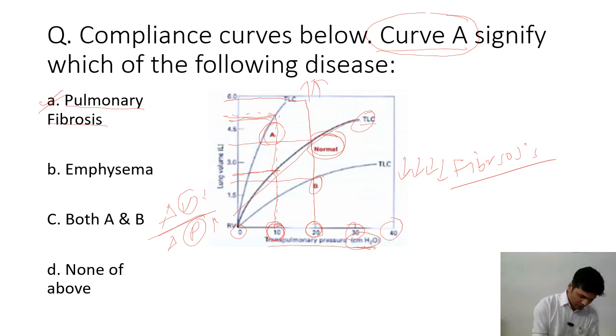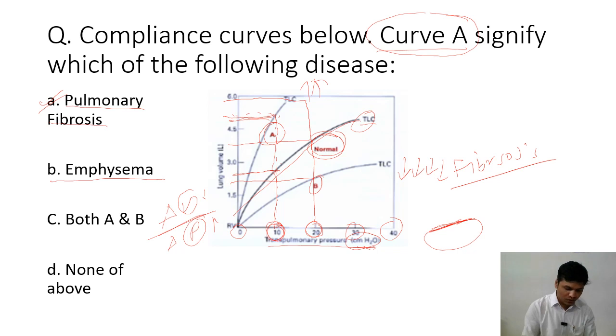The second option is emphysema. What happens in emphysema? Compliance is increased. The lung is easily inflatable. Why? Because of the decreased amount of elastic tissue. So what does elastic tissue mean? Suppose this is rubber. If the rubber is thick, elastic tissue is more, and if you pull it, it's very hard to inflate.